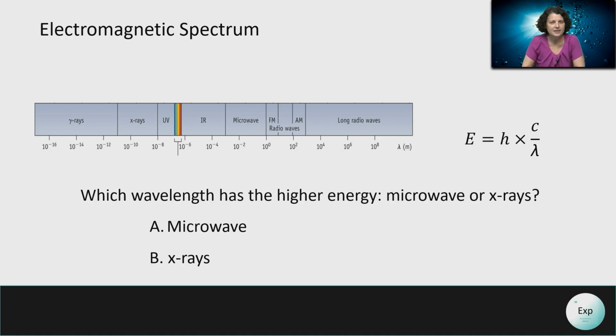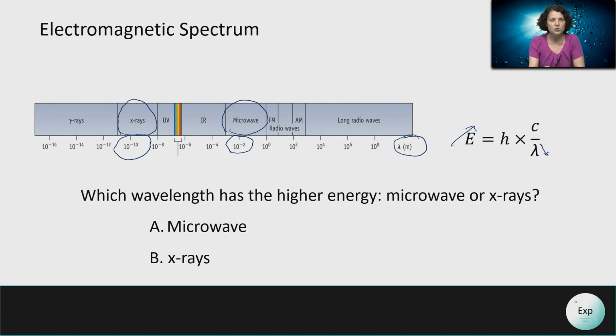Let's look at the same problem, but now from the perspective of the wavelengths. Our electromagnetic spectrum provides the wavelength of all the different types of electromagnetic radiation, and we know that if we have a high energy, then we should have a short wavelength. We have microwaves and we have X-rays. Microwaves have an approximate wavelength of 10 to the minus 2, and X-rays have an approximate wavelength of 10 to the minus 10.